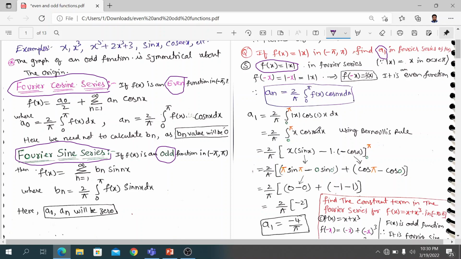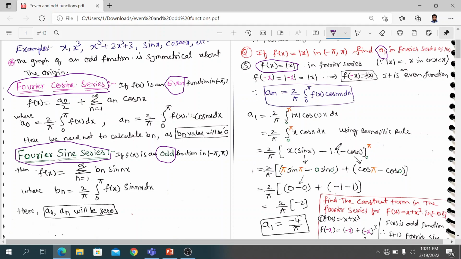So x cos x means we will use Bernoulli's rule. So this is u, this is v. So u minus u dash: integration of x, 1, cos x, integration sin x, integration minus cos x.